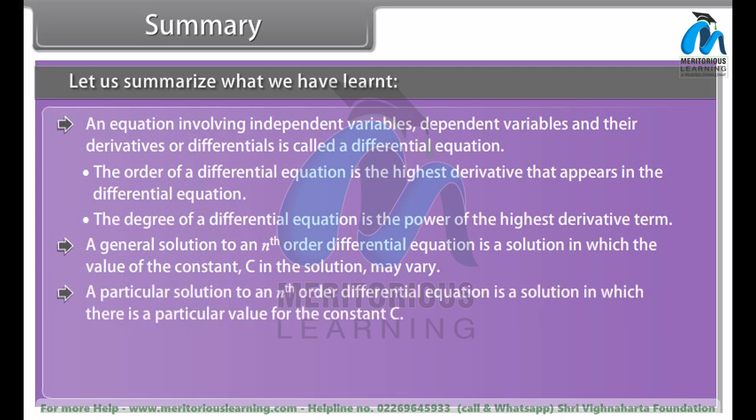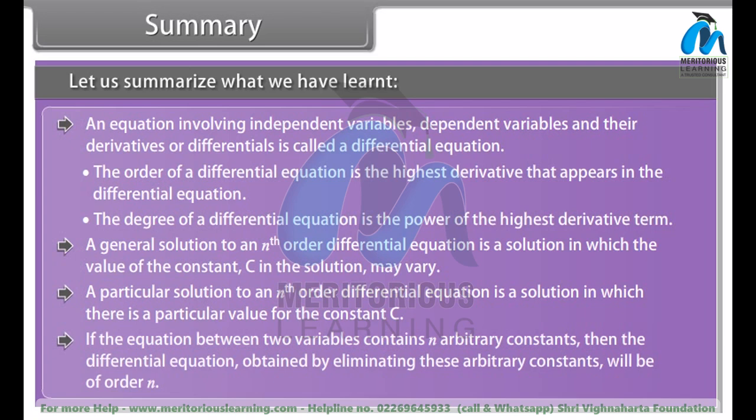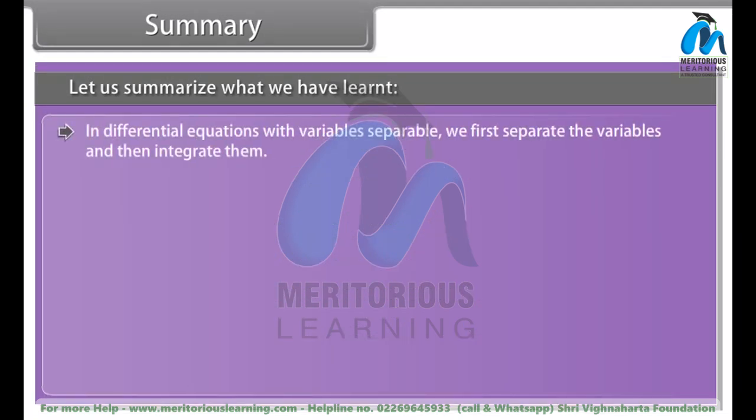A particular solution to an nth order differential equation is a solution in which there is a particular value for the constant c. If the equation between two variables contains n arbitrary constants, then the differential equation obtained by eliminating these arbitrary constants will be of order n. In differential equations with variable separable, we first separate the variables and then integrate them.